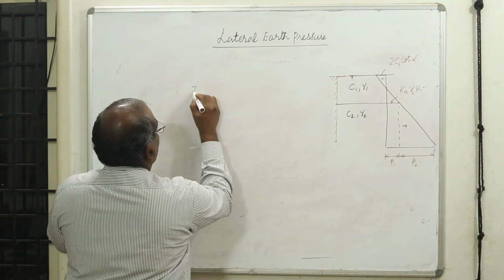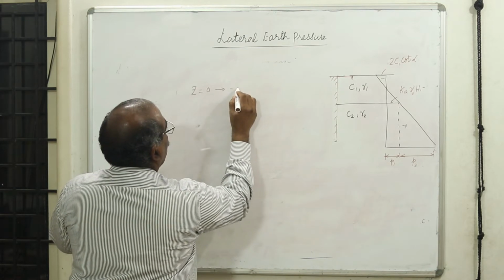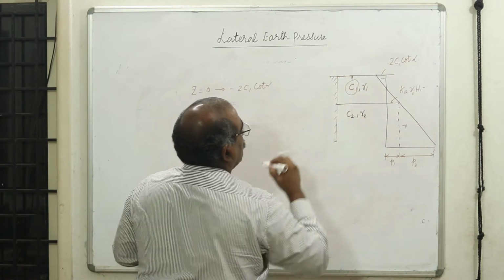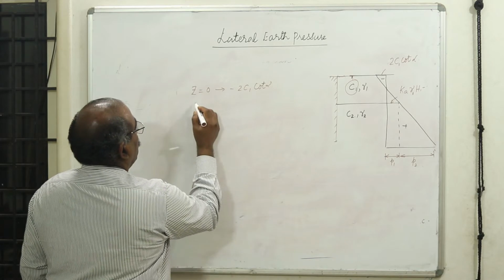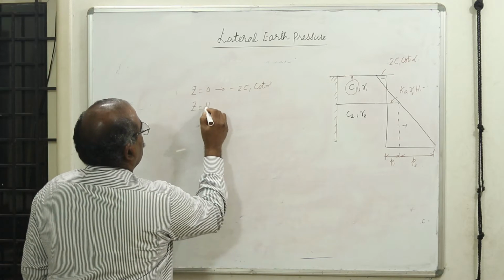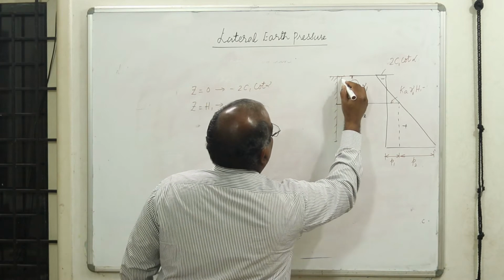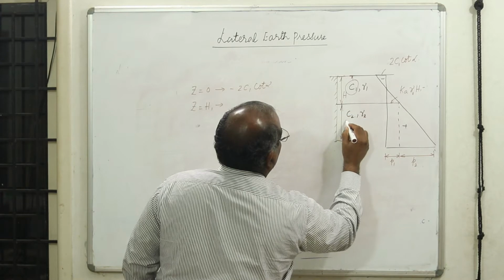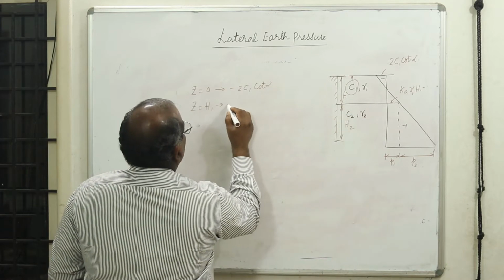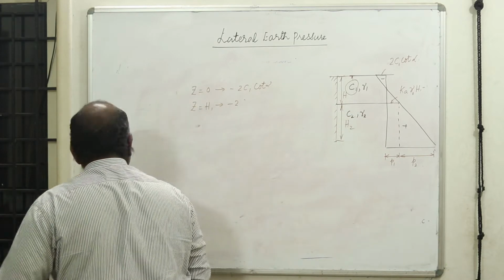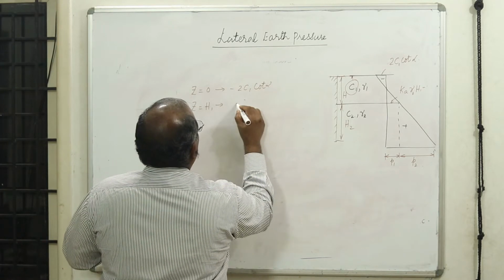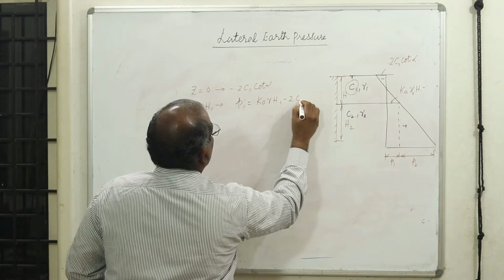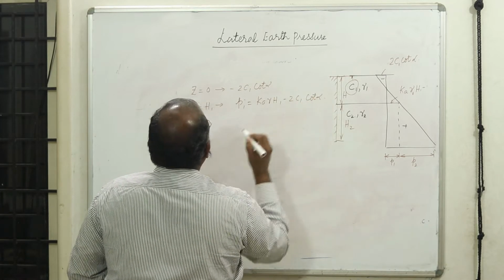At the top, when Z is equal to 0, we have minus 2C1 cot alpha, because at the top we have C1, and Z is equal to H1. Let us say this is H1 and this is H2. That P1 is equal to Ka gamma H1 minus 2C1 cot alpha.